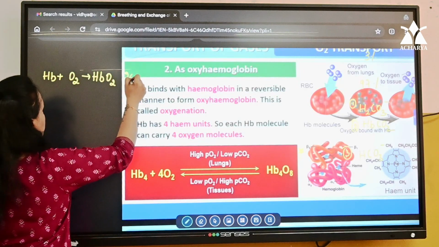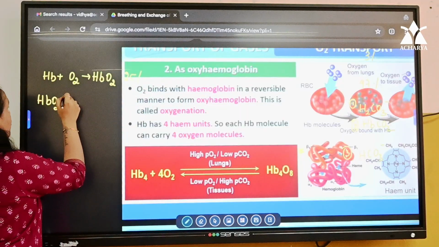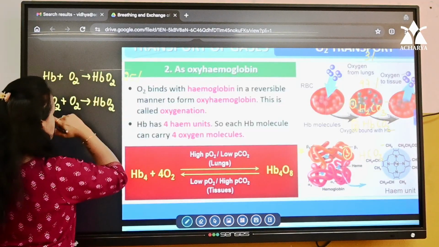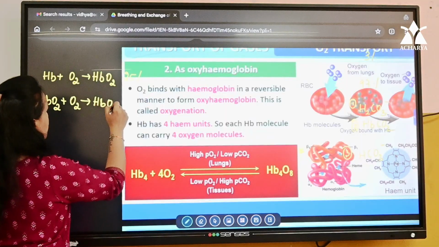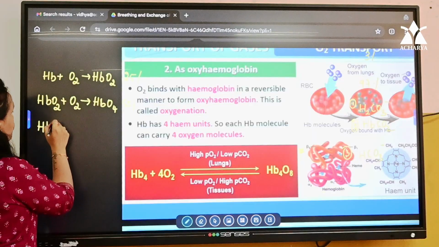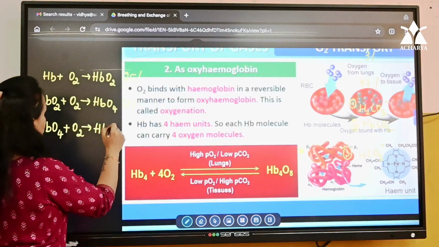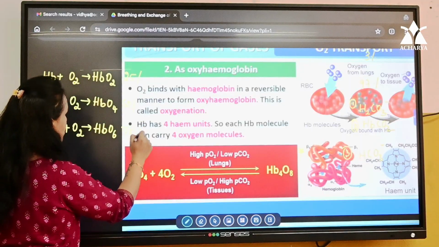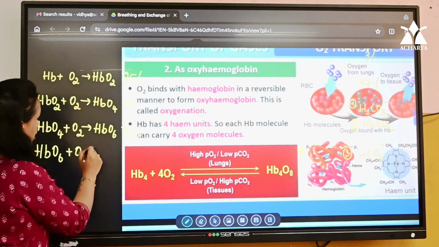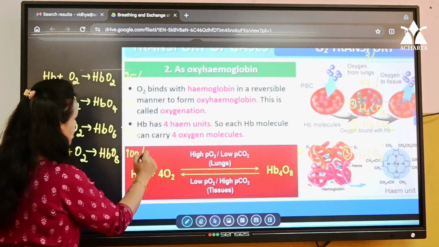That is 25% saturation, and this HbO2 gets combined with another oxygen molecule to form HbO4, which is 50% saturation. HbO4 plus O2 gives HbO6, that is 75% saturation, and HbO6 plus O2 gives HbO8, that is 100% saturation.